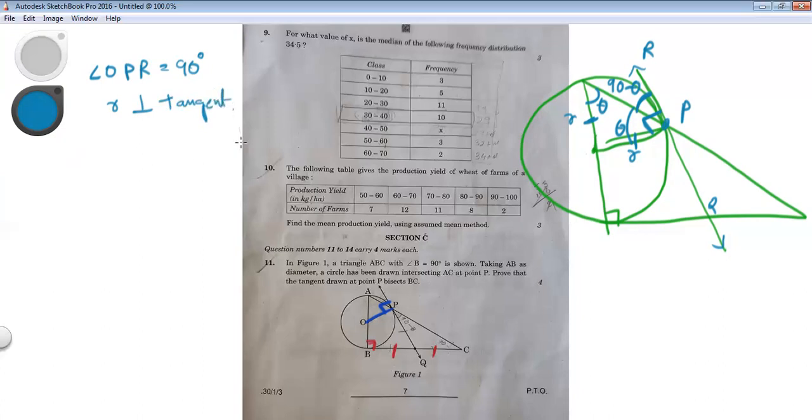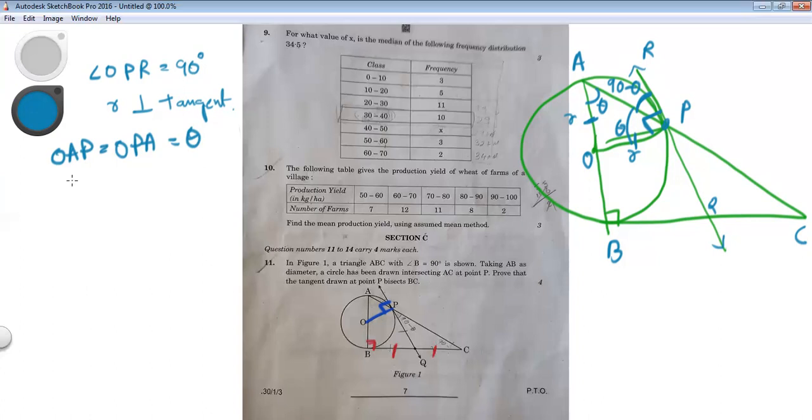Now this is A, this is O, this is B, and this is C. Now in the triangle, this is 90 minus theta. Since this angle APR is now 90 minus theta, that's clear. Now OAP equals OPA equals theta we are taking, since it's an isosceles triangle, OAP, right?